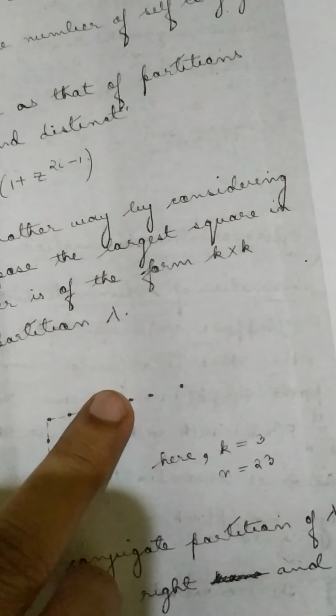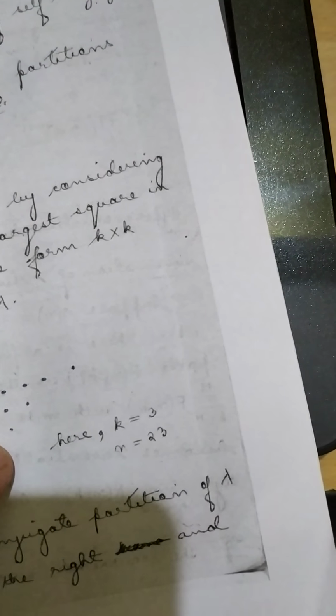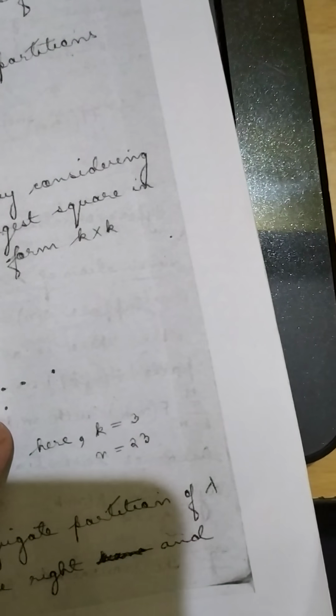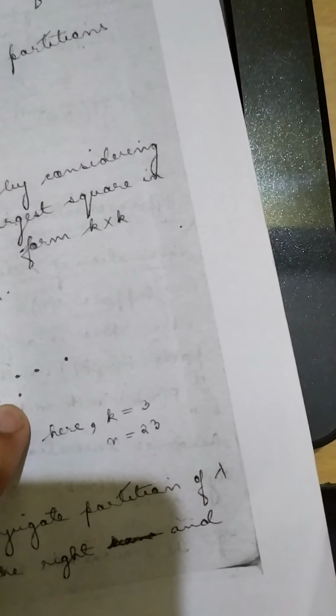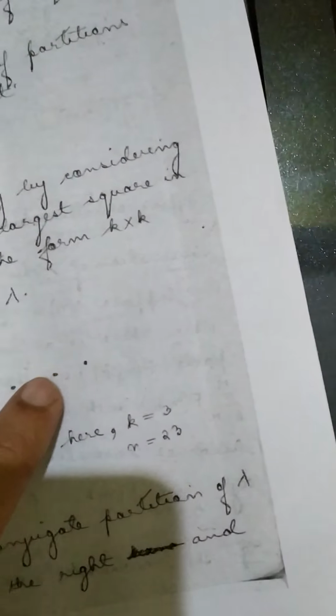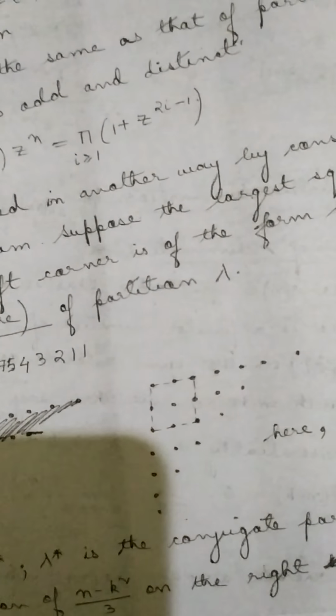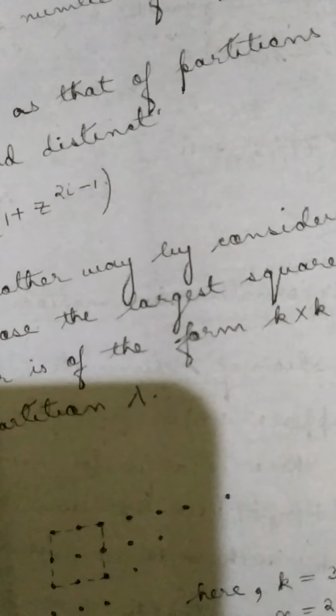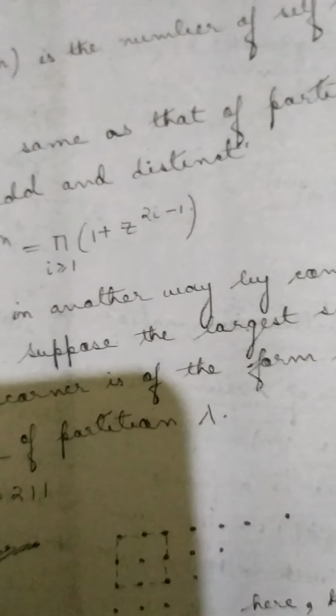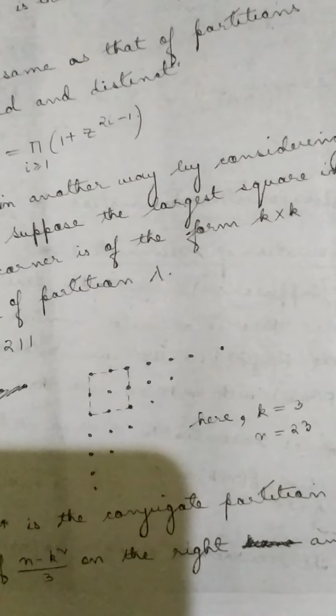If this contains only 1 dot, if these dots are not there in the last hook, then this partition contains only 2 parts. Here also it contains 2 parts, but it is a 3 by 3 Durfee square. So in this case the number of parts is less than k. Therefore it contains at most k parts.